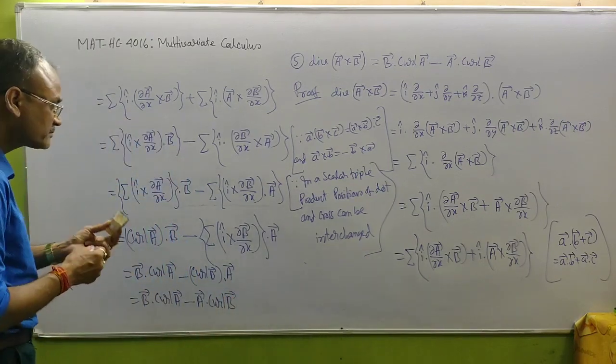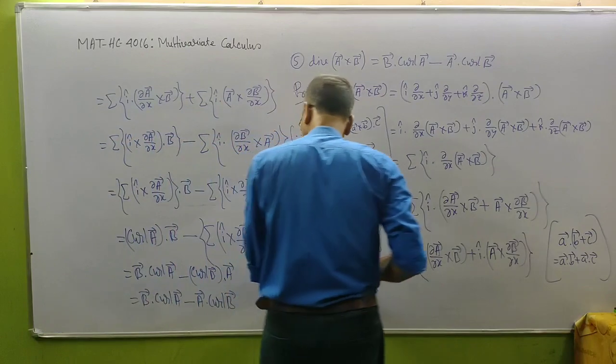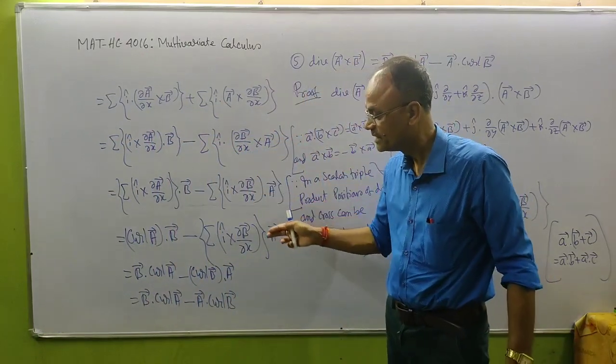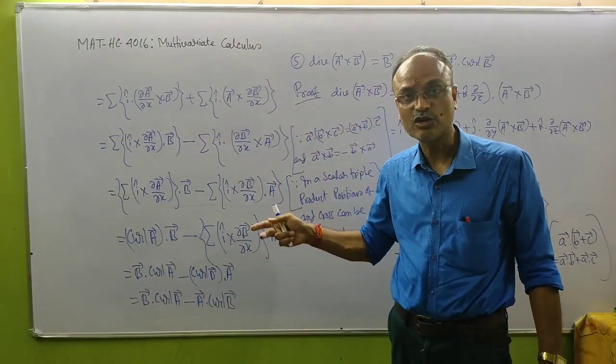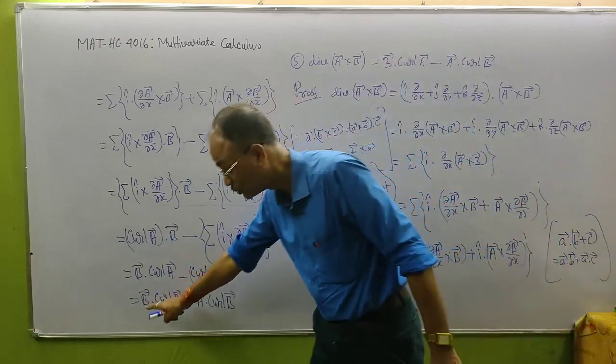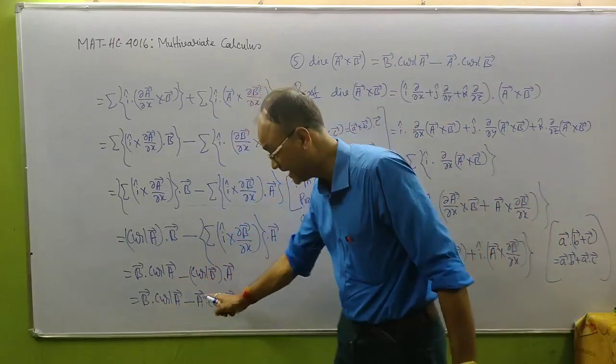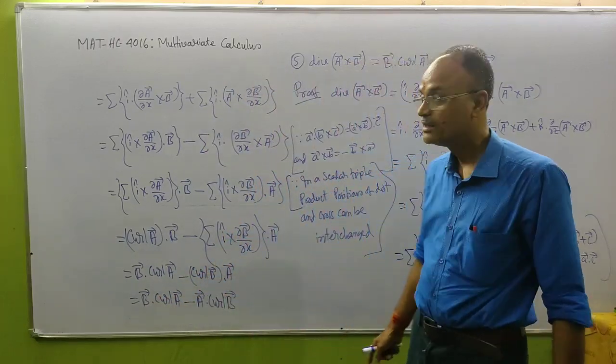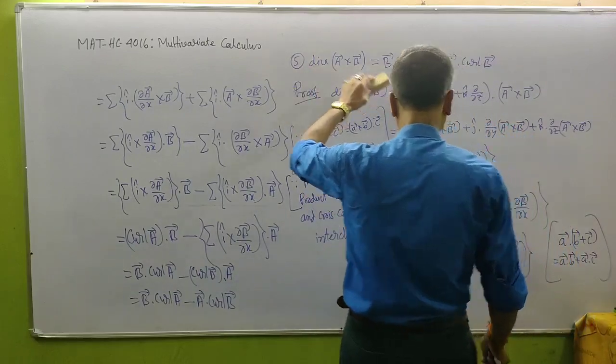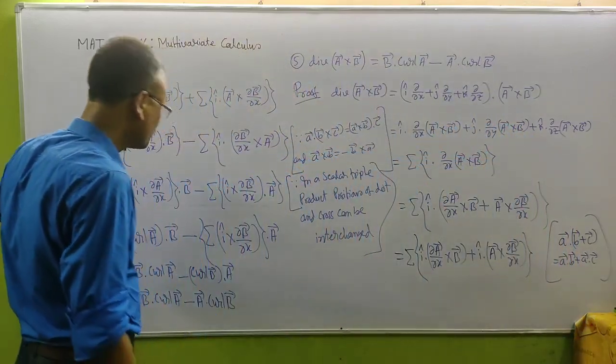This way you may write. Therefore, divergence of A cross B equals B dot curl A vector minus A dot curl B vector. We have proved this one.